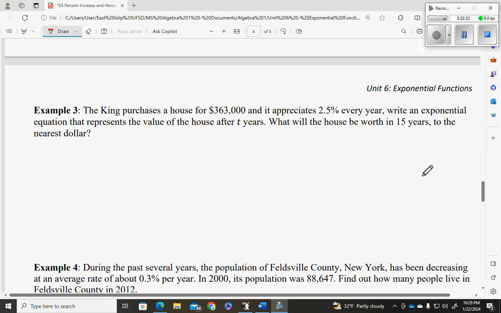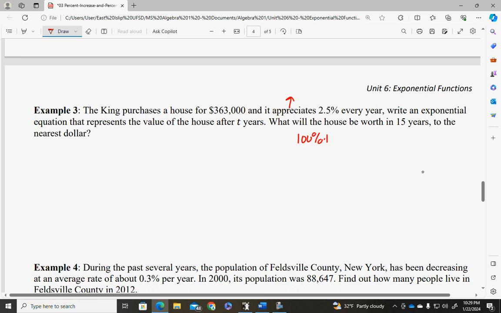The king purchases a house for $363,000 and it appreciates. That means it's increasing at 2.5%. So let's do 100% plus 2.5% to get 102.5%. As a decimal, that's 1.025. So if we write our exponential equation, do they tell us what to call it?